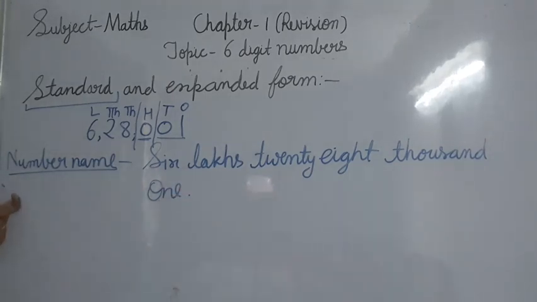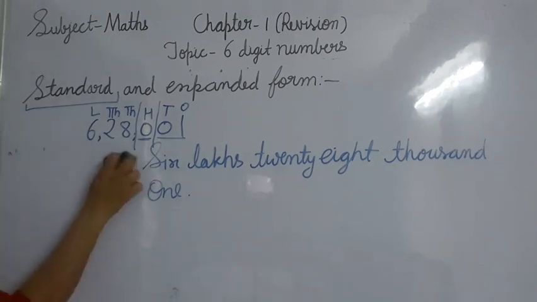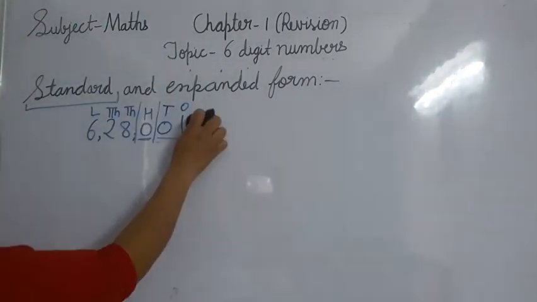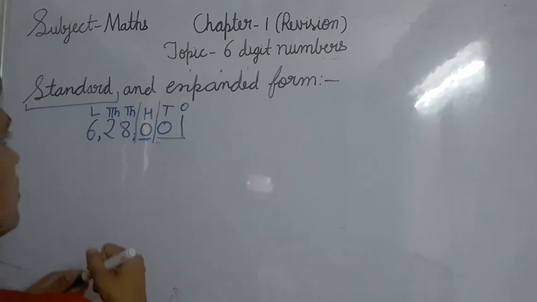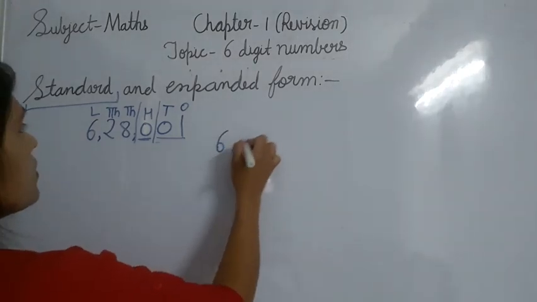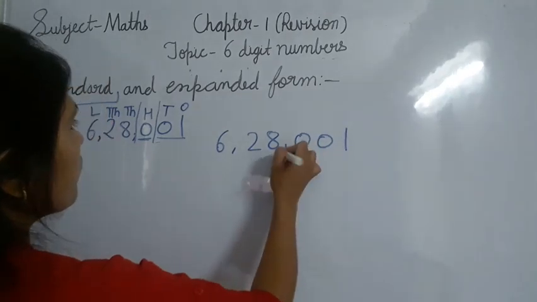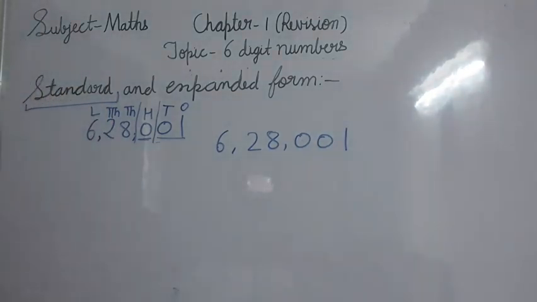Now let's talk about the expanded form. How will we find the expanded form for this number? So I'm writing this number here again: 6,28,001. Yes. So write its expanded form.